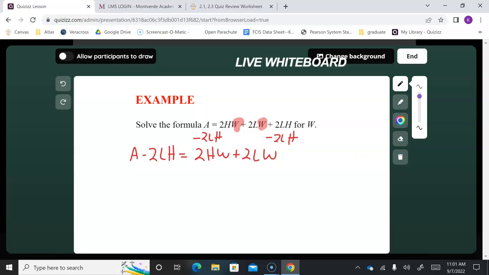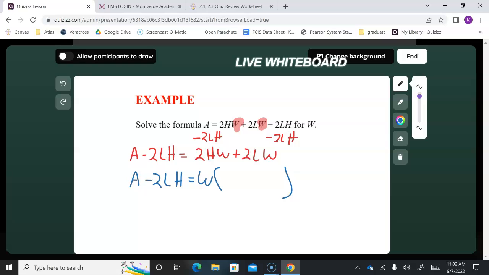All right. Now, I still have those two W's. I need to turn them into one W. So what we're going to do, everyone's favorite F word, factor. Factor out the W. That takes 2 and turns it into 1. Okay? Factoring is just the opposite of distributive property.